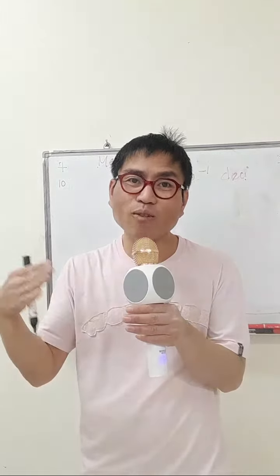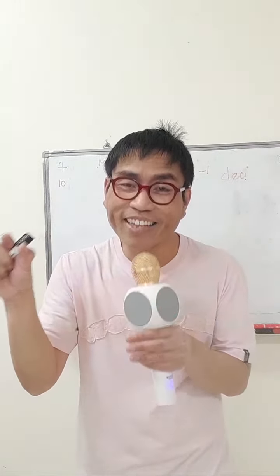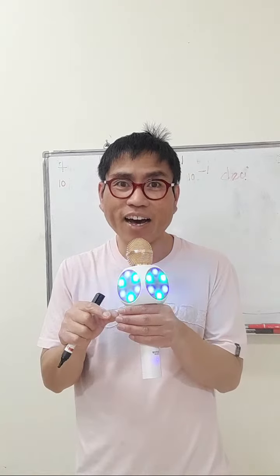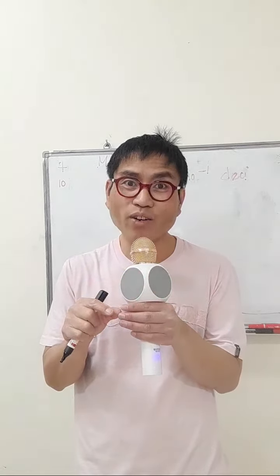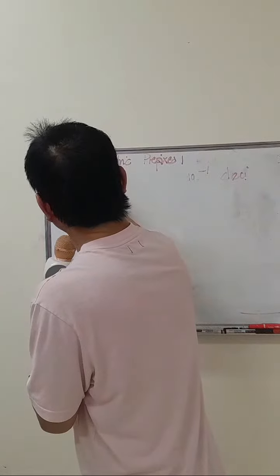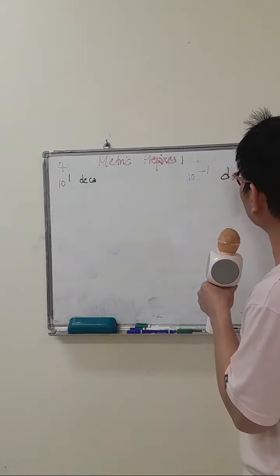Poly means multiple and gon means side. That's why polygon. And deca is 10 to the 1. So deca, and then deci here for 10 to the negative 1.